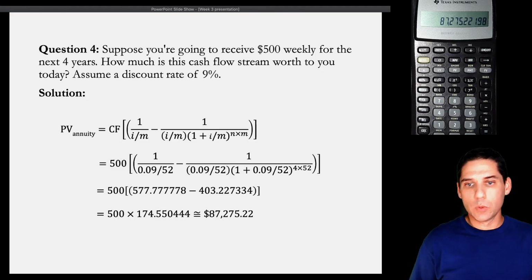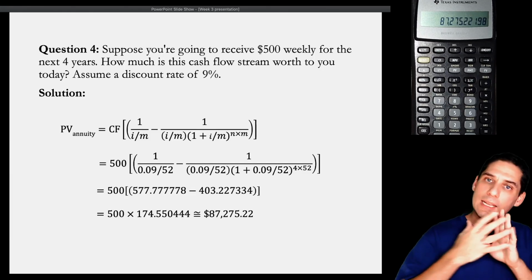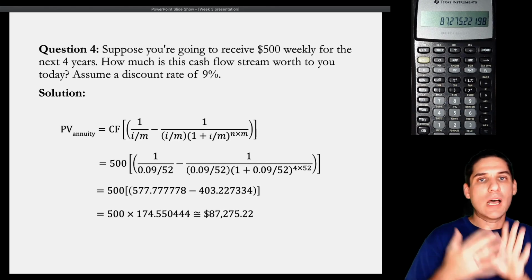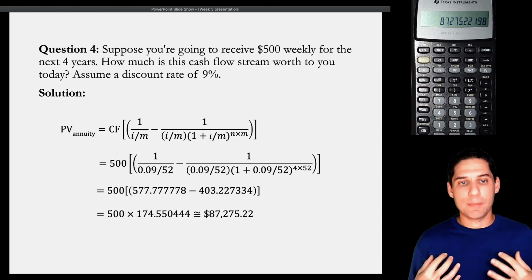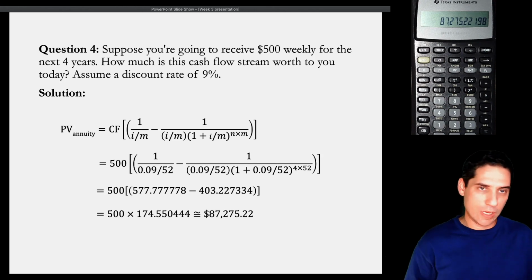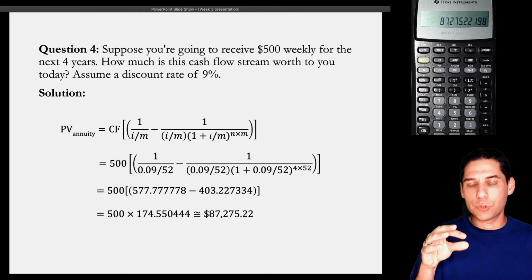That means you'll be willing to pay a little more than $87,000 for an asset, for a financial security or something like that, that is expected to generate $500 every week for 4 years if your discount rate is 9%. Remember from earlier discussion and an earlier video that this discount rate captures your required return, right?